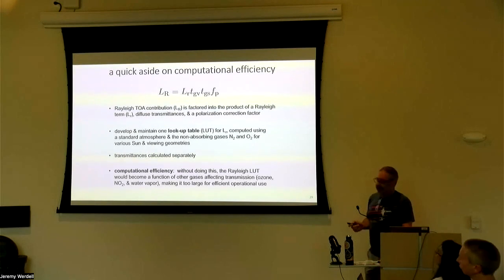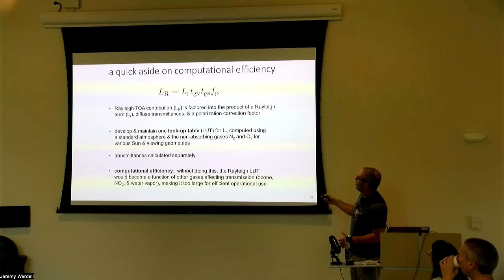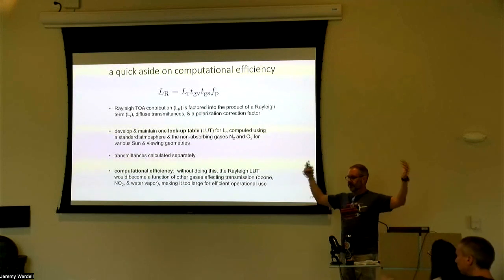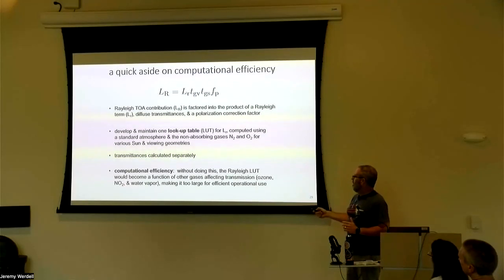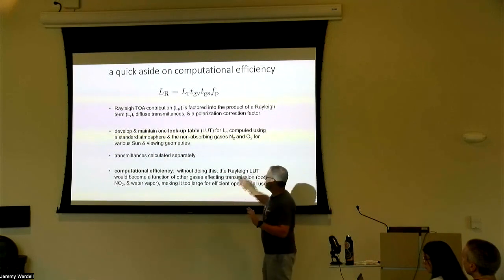This is again for your record for computational efficiency. We make an expansion here of the equation and create these lookup tables, but the lookup tables are generally global averages. If we didn't do it this way, there are even choices you have to make in how big your lookup tables get.